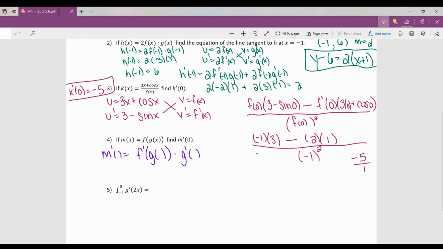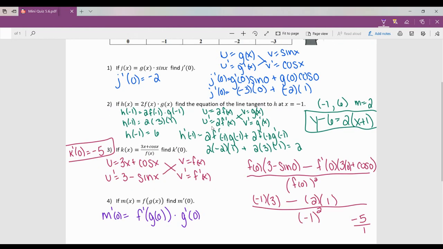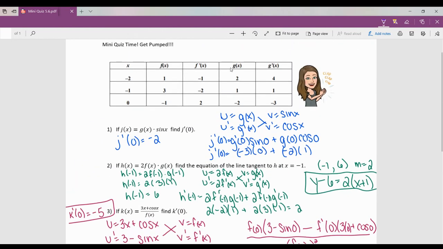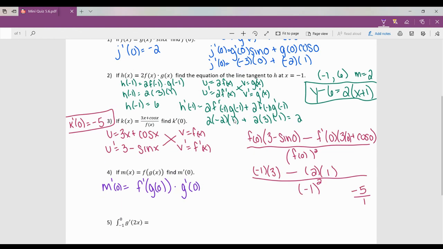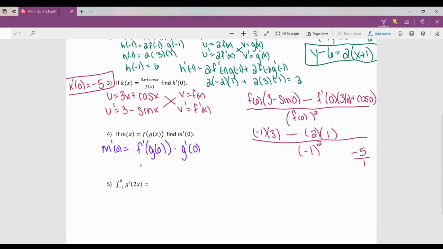All right, so I'm going to do the function inside of a function first. So I'm going to find what g of 0 is. So g of 0 is -2. So I'm going to do f prime of -2 times g prime of 0. Okay, so I evaluated the function inside.